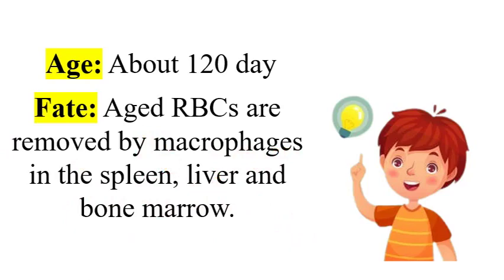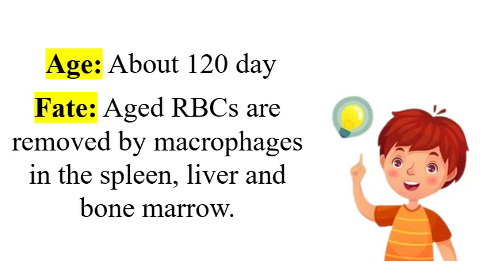So the spleen, liver, and bone marrow are the organs responsible for phagocytosis of aged RBCs by macrophage cells after 120 days or 4 months.